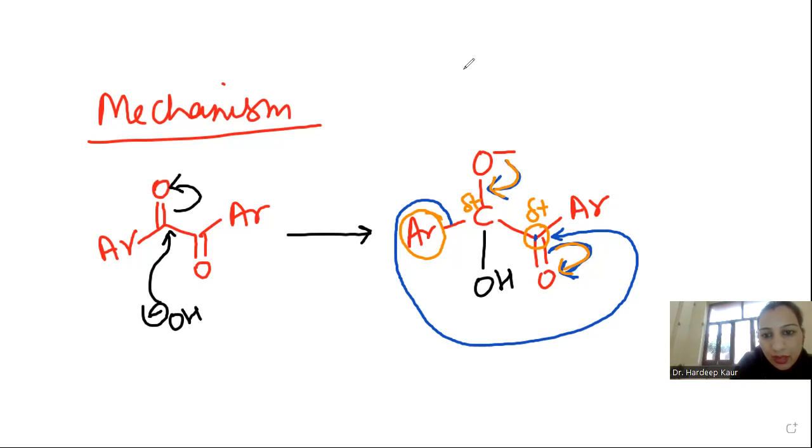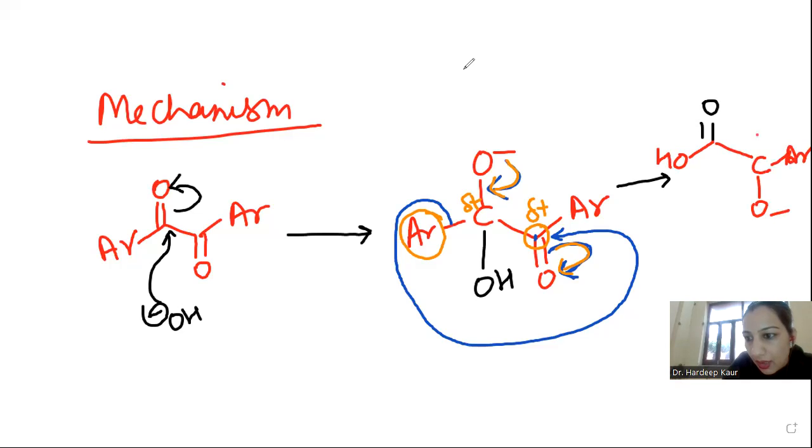So let us write it. Here we get double bond O, Ar. Ar has migrated, so here we now have an OH group, and here we have C, O negative, Ar, and another Ar group attached.